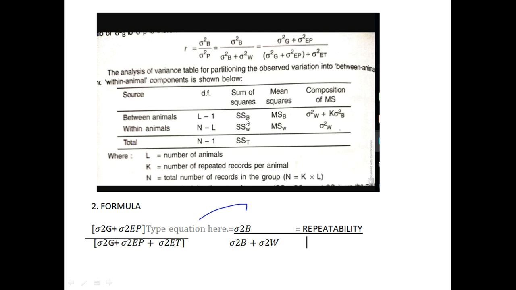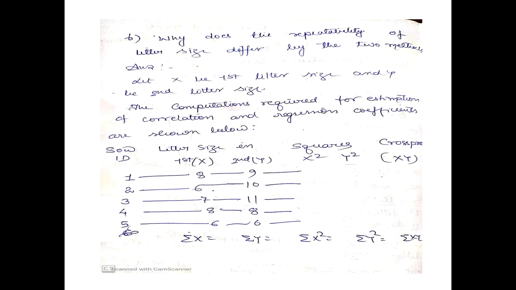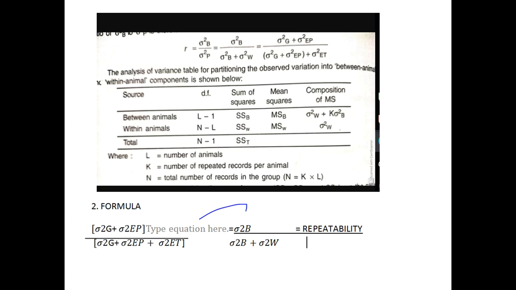Sum of squares, SSB, is the sum of squares for the between component and within component. You are already given the sum of squares between component in this question, you see. So this is why I mean you will be calculating it. Now this question I'll definitely be dealing with in my next lecture, the calculation of repeatability using ANOVA.